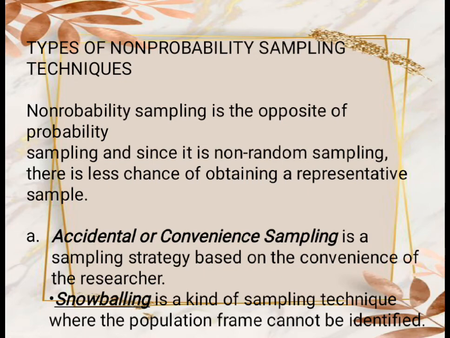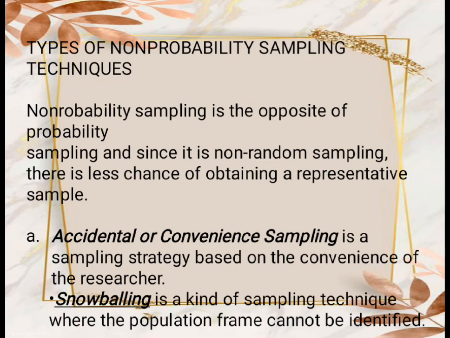Non-probability sampling is the opposite of probability sampling, and since it is not random sampling, there is less chance of obtaining a representative sample. Most nursing or medical researchers are involved with non-probability samples. It is also a strategy in which participants of the investigation are not derived through equal chances.